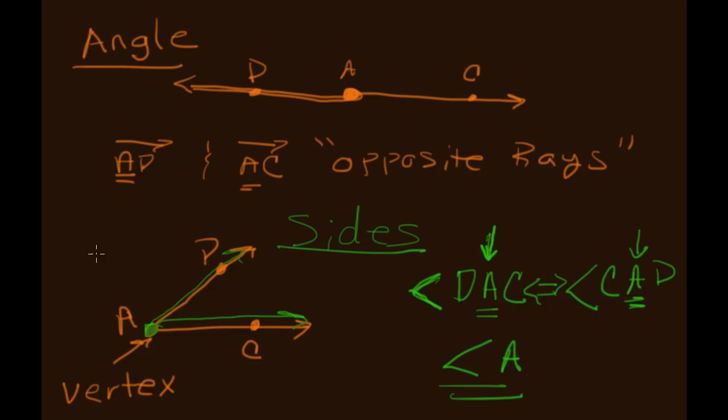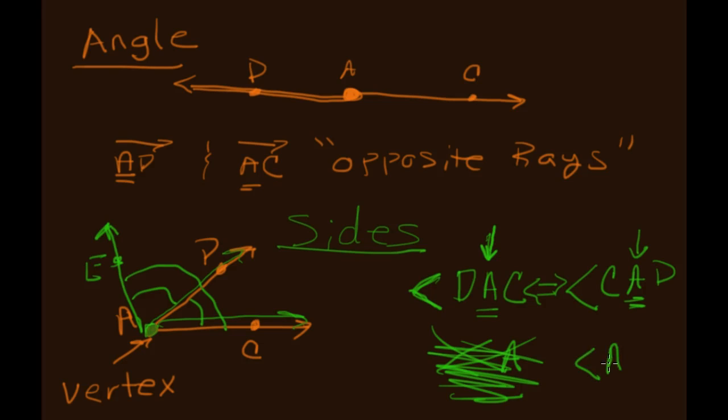Okay, so if I suddenly made another ray here and called it E, so this would be the ray AE, you could no longer use this because now I have 1, 2, 3 angle A's. And if I said angle A, you'd be going, which angle A? I don't understand.